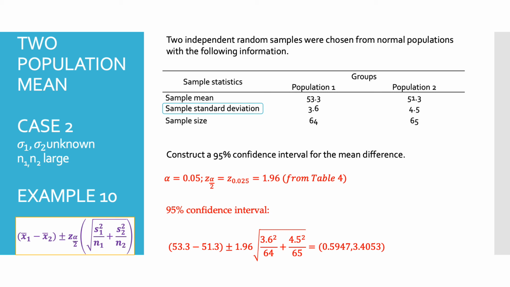And then you substitute all the values into the formula, and finally we get the confidence interval equal to 0.5947, 3.4053. Okay, after this, please solve the rest of the examples for case number 1 and case number 2.